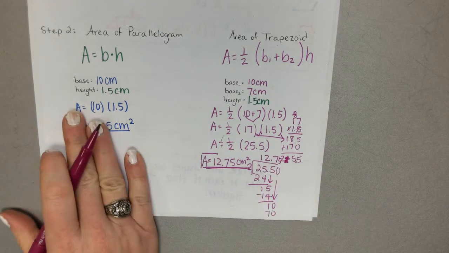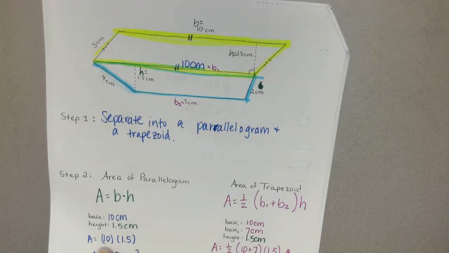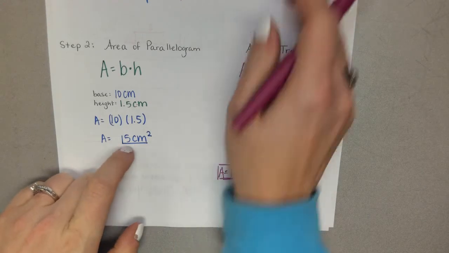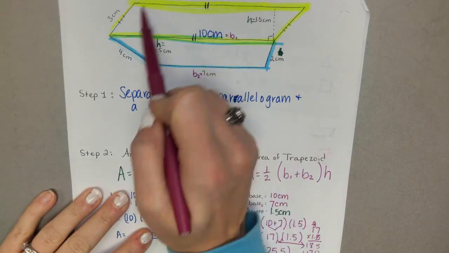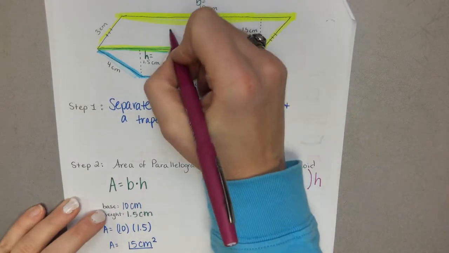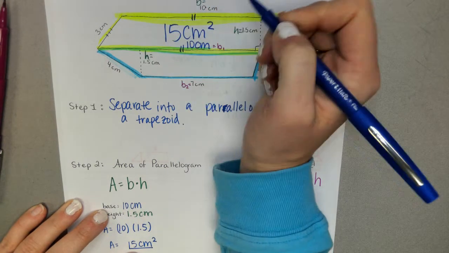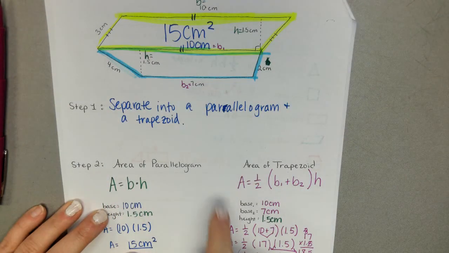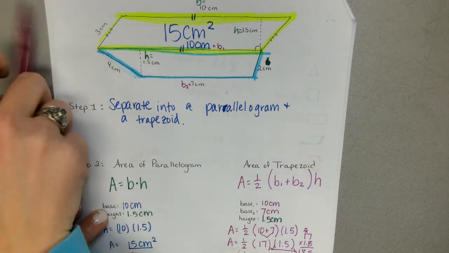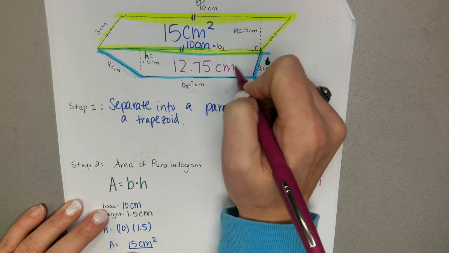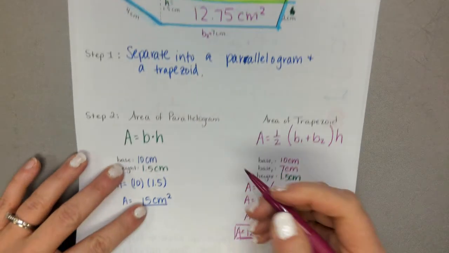Okay, so are we done with the area of this whole figure yet? No. We need to add this parallelogram area that we got up here, which was 15 centimeters squared, and the area of the trapezoid, which we just got, 12.75 centimeters squared. We're going to add those together.